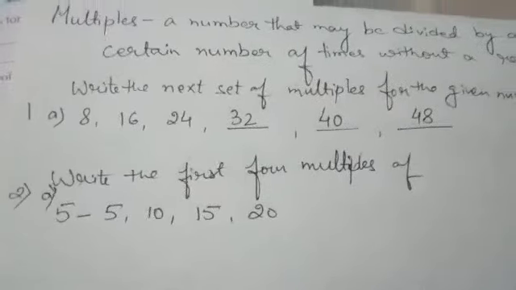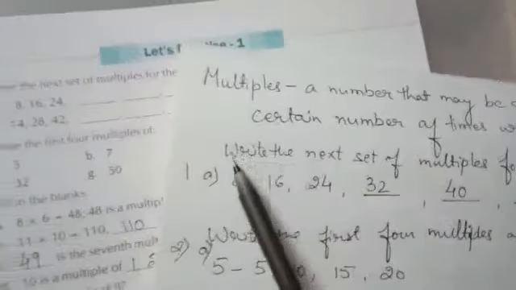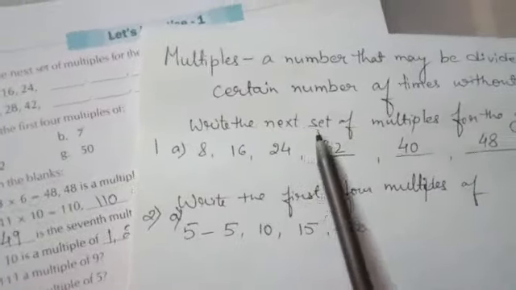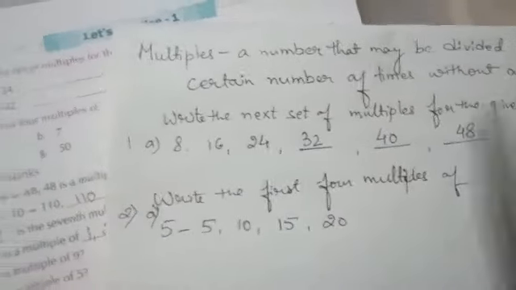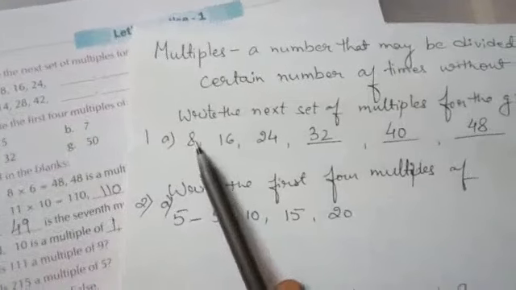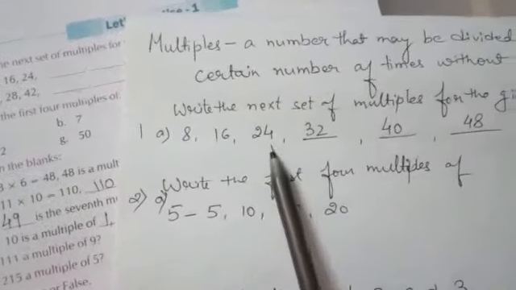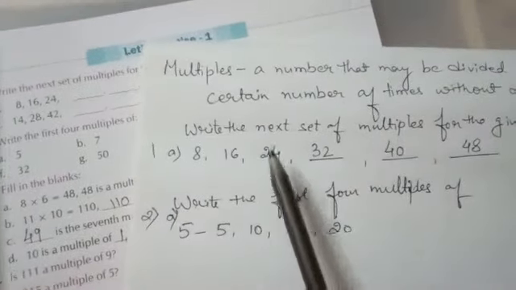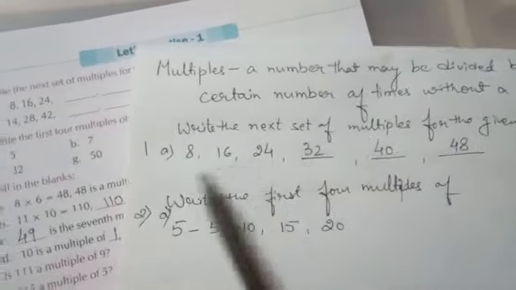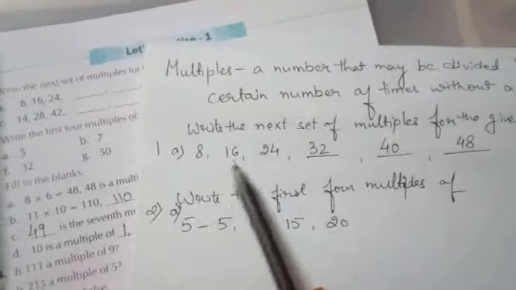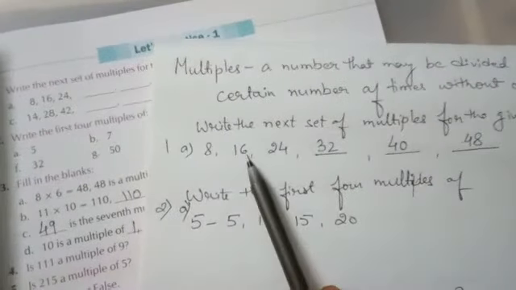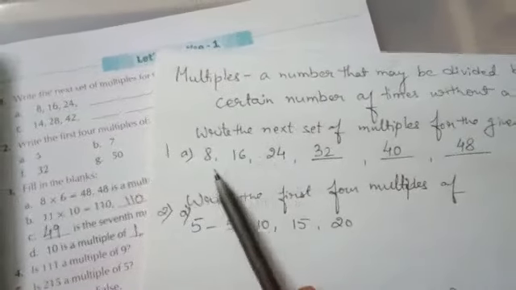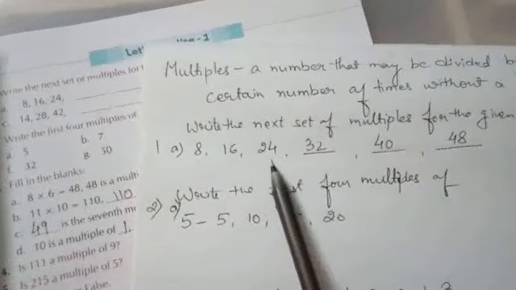Now I am showing you the sums. See here, write the next set of multiples for the given numbers. Numbers given are 8, 16, 24. You have to understand what set it is. 8, 16, 24 means all these numbers come in the table of 8.